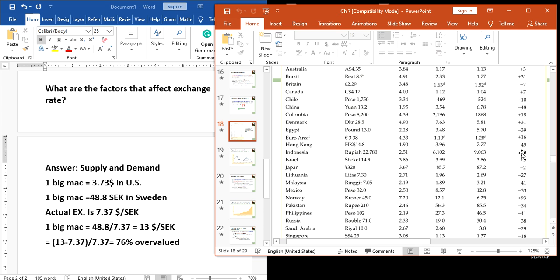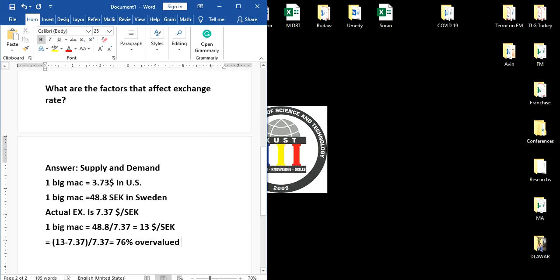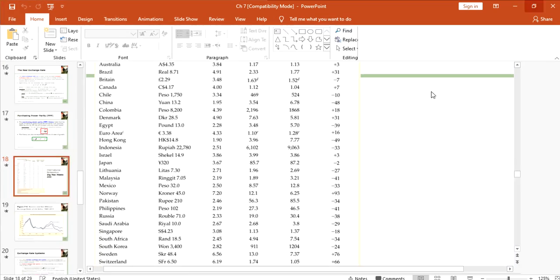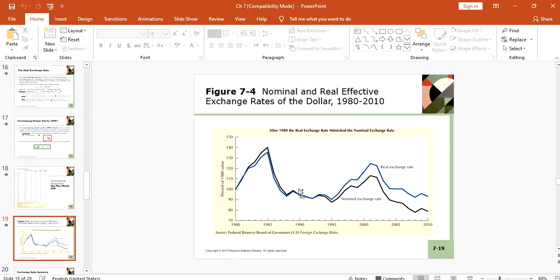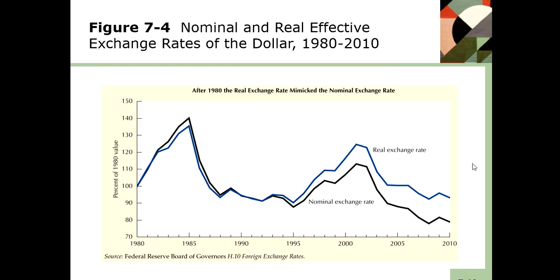Japan. So it works there. Okay, it works really for them. But for some other countries, it doesn't work properly. Okay, so let's get back to our slides and see what else we got here.